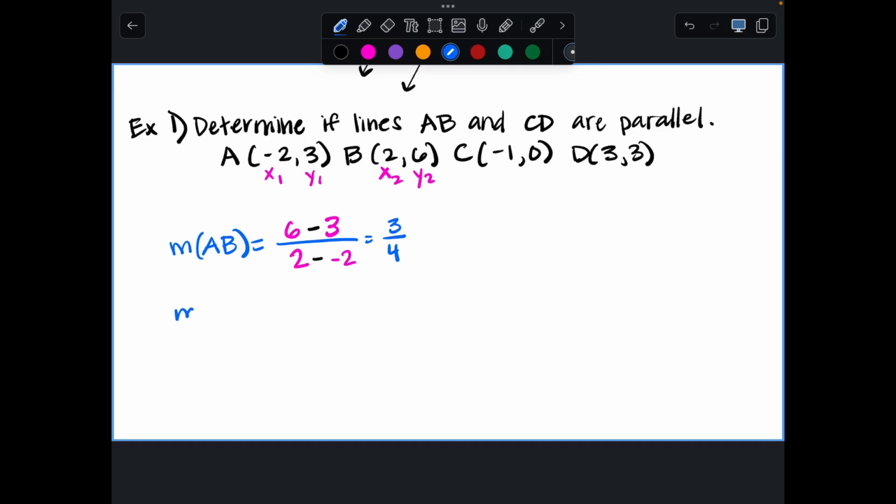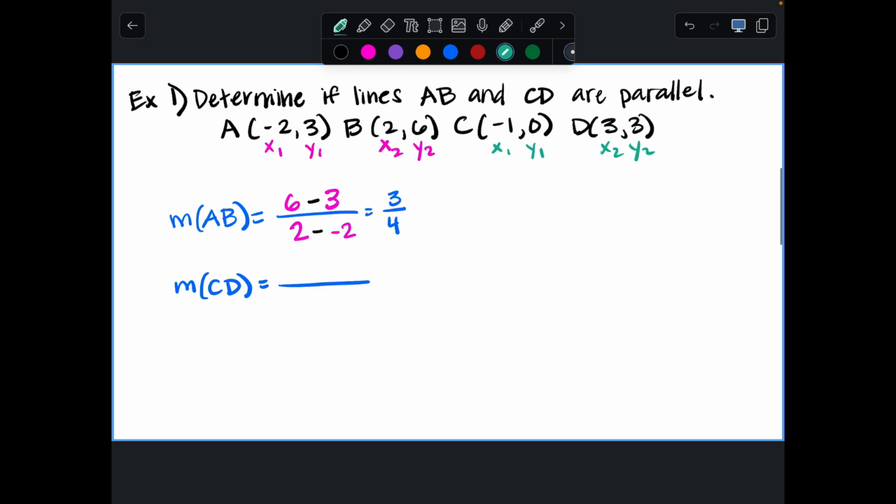So let's calculate the slope for CD. For this one, I'm going to label x1, y1, x2, y2. 3 minus 0 over 3 minus -1, which is 3 over 4.